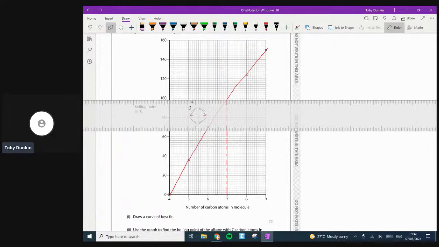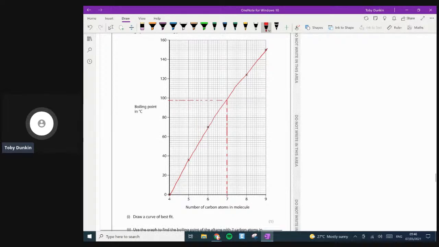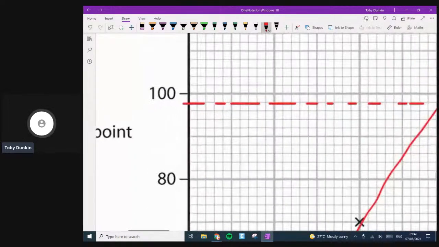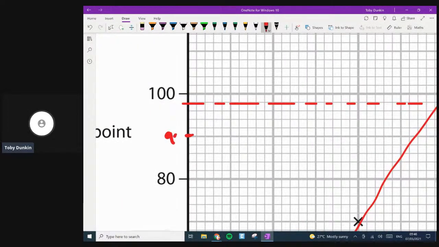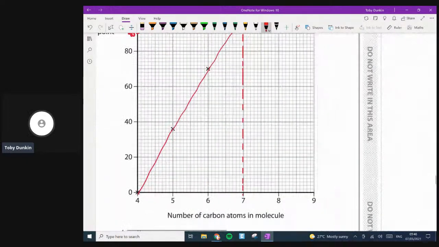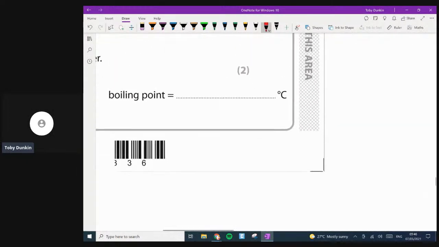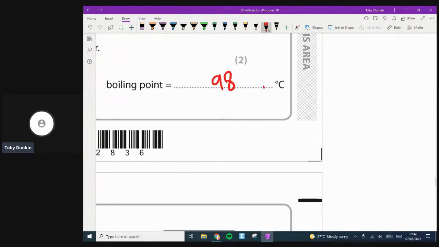So the boiling temperature is going to be 98 degrees Celsius. Nice and easy. Didn't even need to plot a graph.